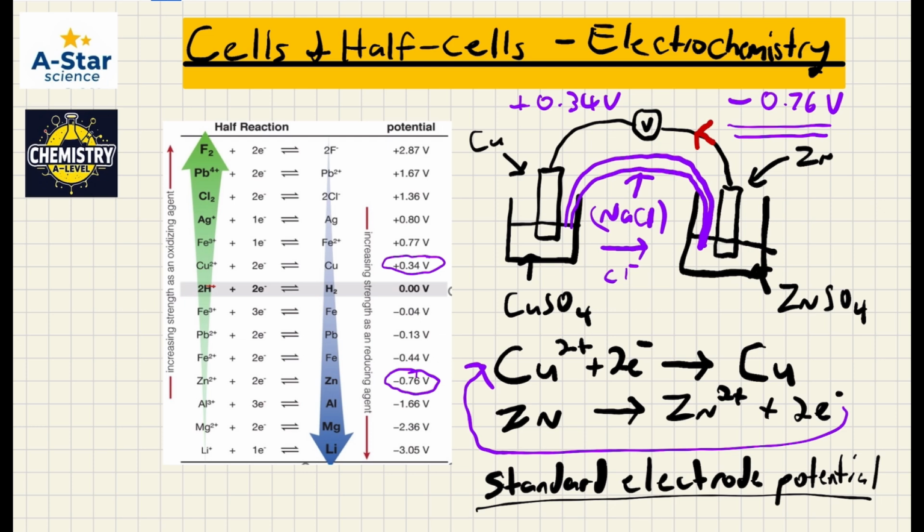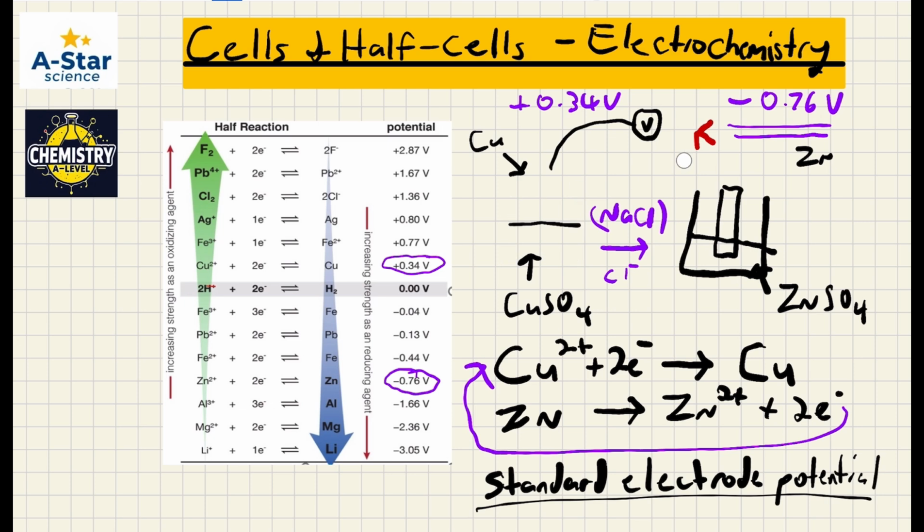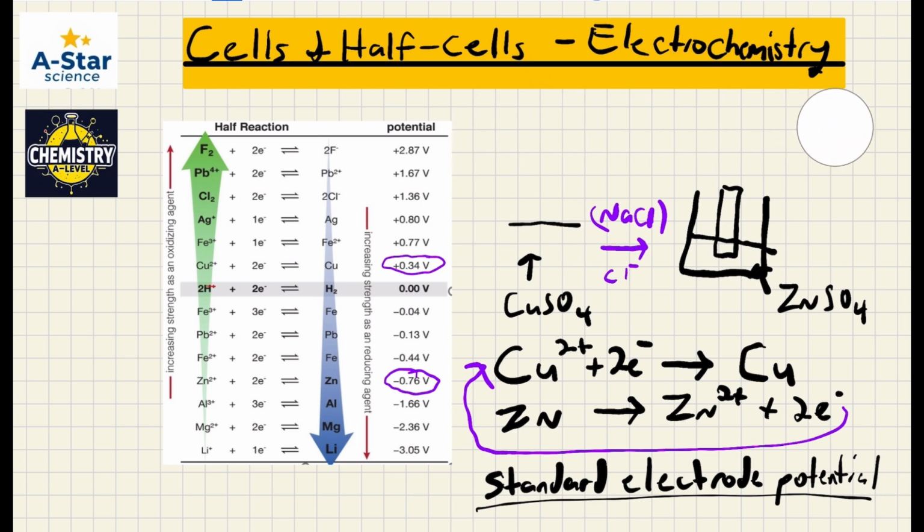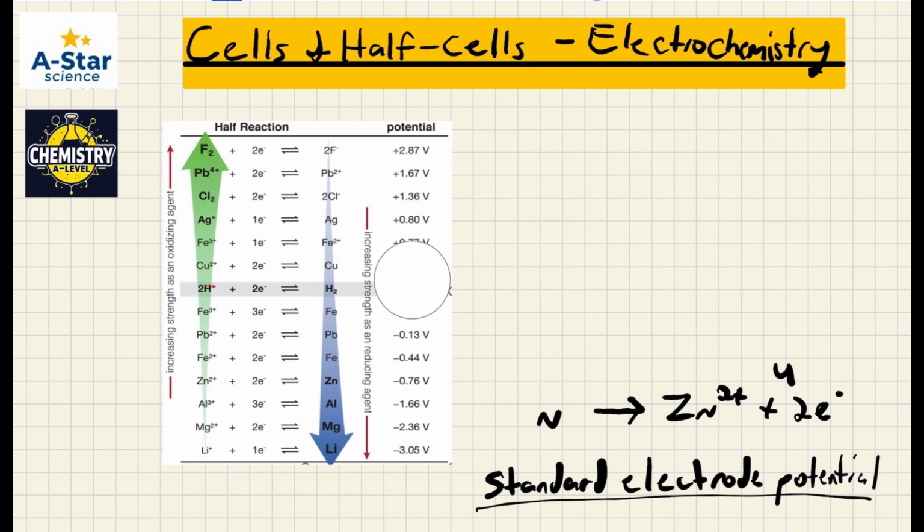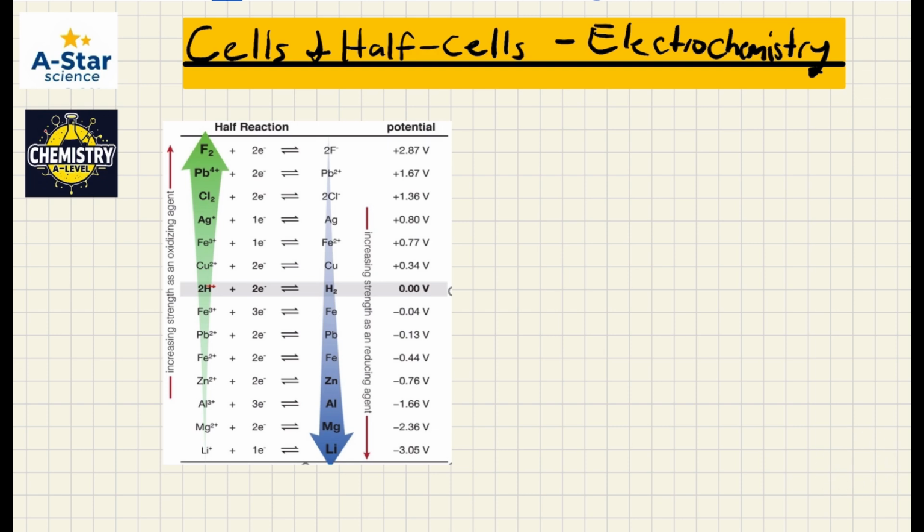Now, what's very important to understand is that when you have two half cells, to find out which one is going to give the electrons, you simply look at which standard electrode potential is the most negative. It does not have to be a negative charge. It's the most negative.